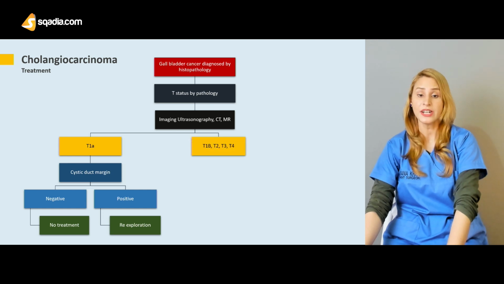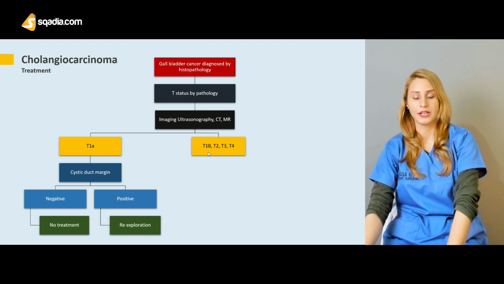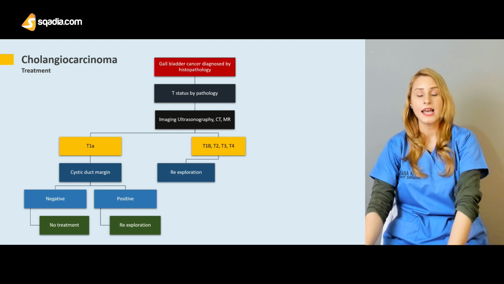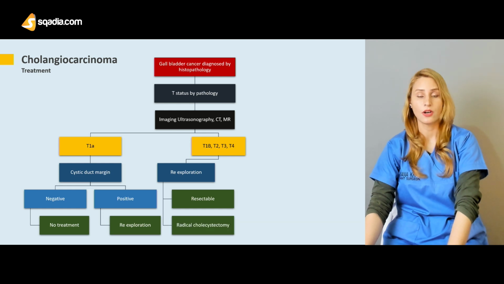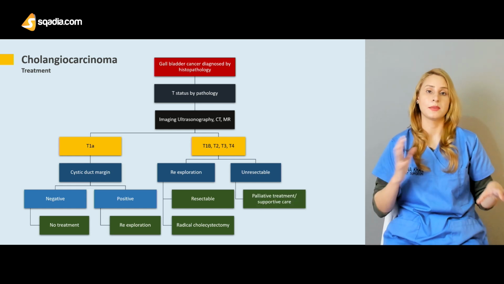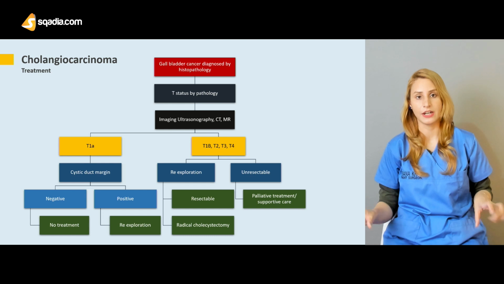Now, if the tumors are beyond the lamina propria, they can be T1B, T2, T3, and there is extensive invasion, then go for exploration. And if the tumor is resectable, go for resection or radical cholecystectomy. And if the tumor is unresectable, then you have to put the patient on palliative treatment or supportive care.